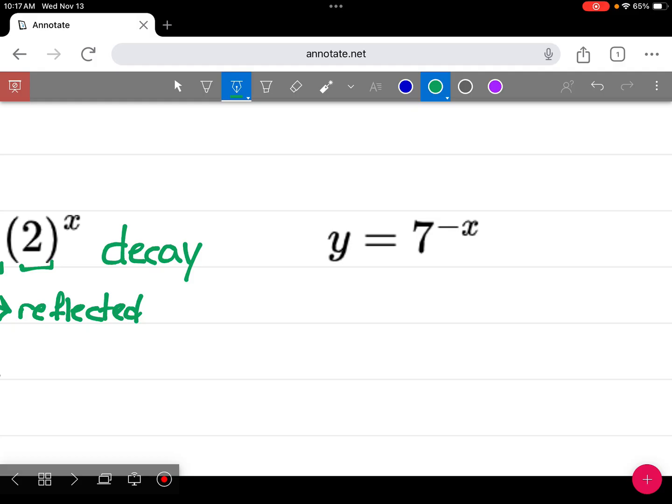Our next one is tricky in a different way. We've got y equals 7 to the minus x. We don't have minus x's in our formula. Would it be 1/7? Yes.